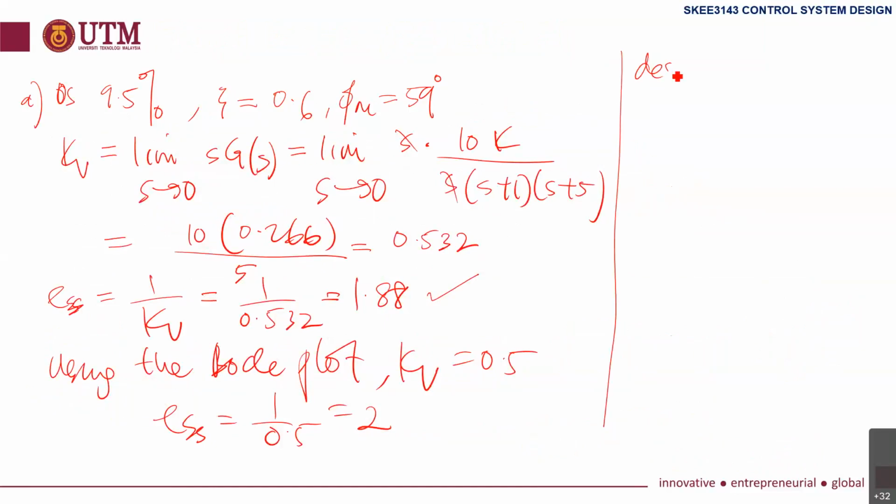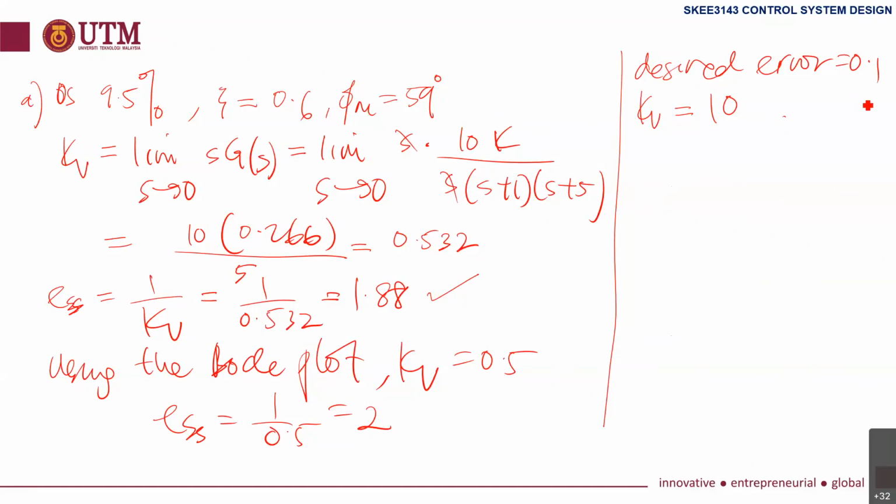Desired error equal to 0.1. That means KV must be 10, because 1 over KV equal to 0.1, so KV equal to 10.